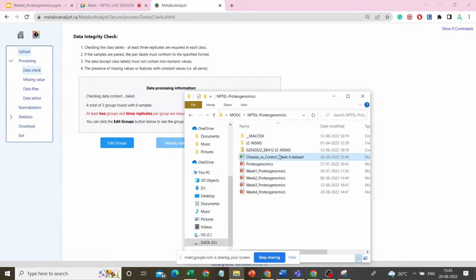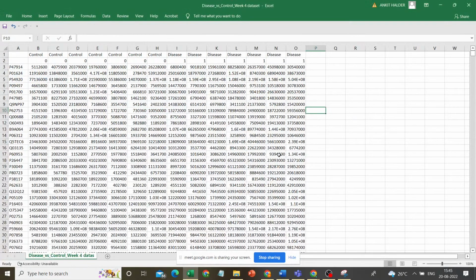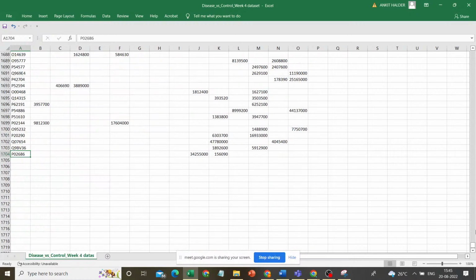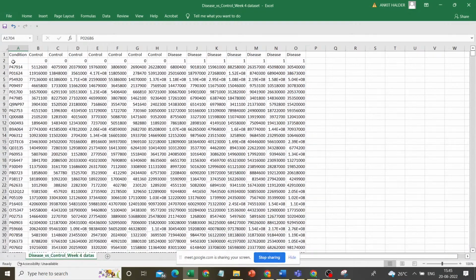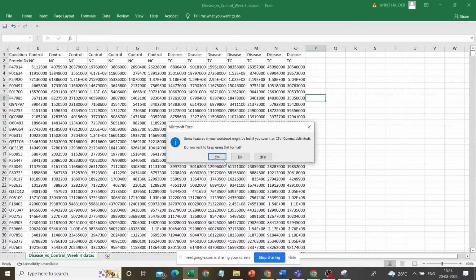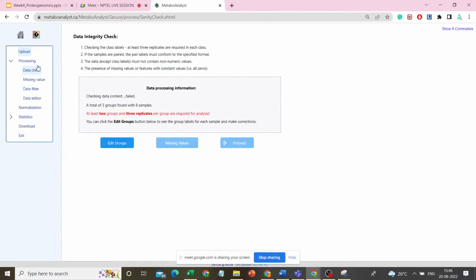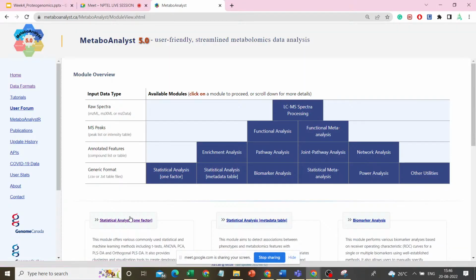Why is this happening? So there is some error coming.